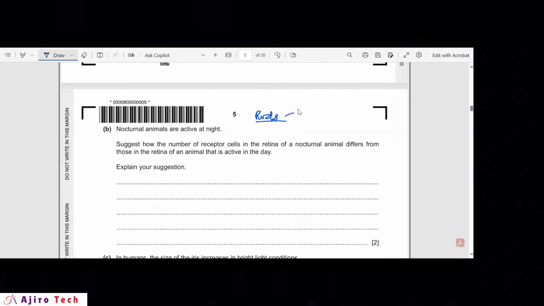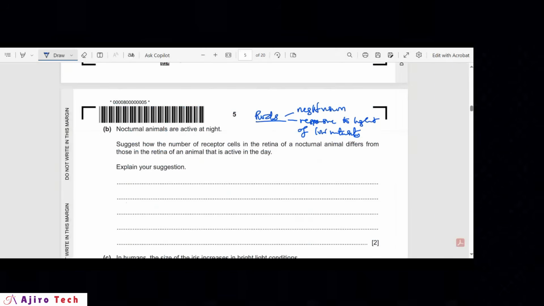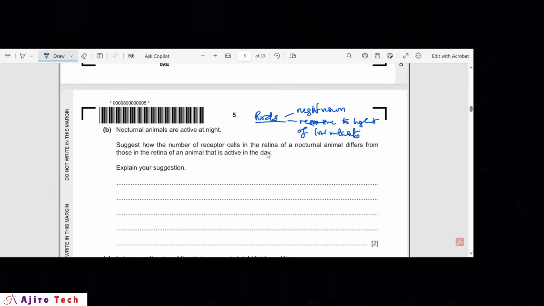They are necessary for night vision. Rods are responsive to light of low intensity, allowing us to see at night.